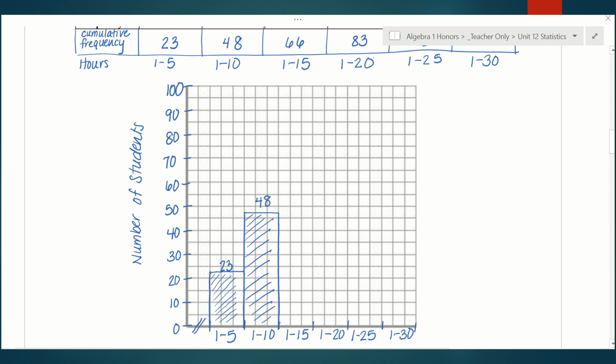And then 1 to 15 is 66. You can see your bars are going to continue to increase in height. That's the characteristic of a cumulative frequency histogram. Next bar is 83.